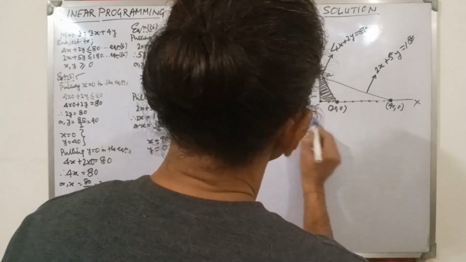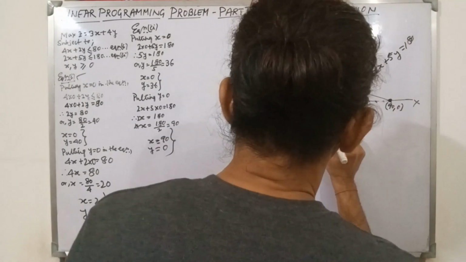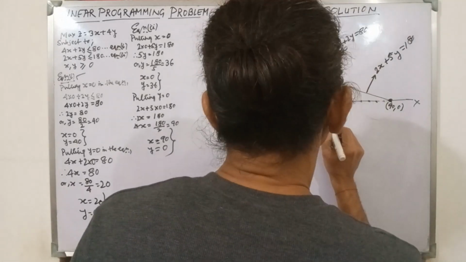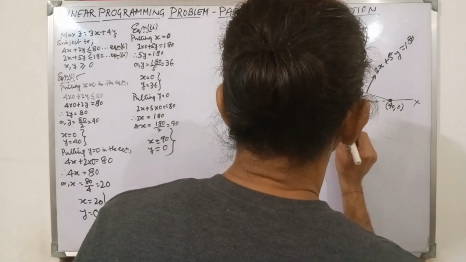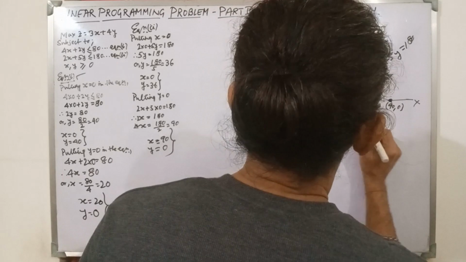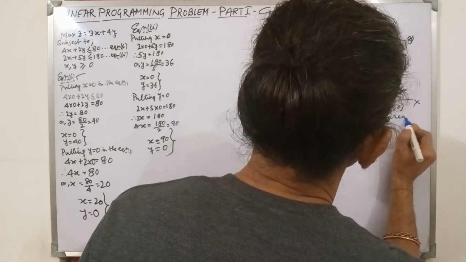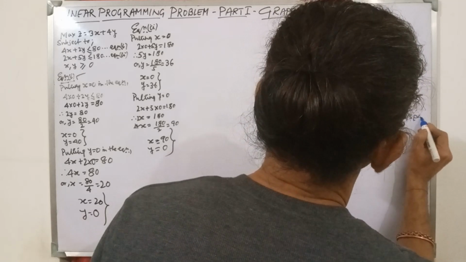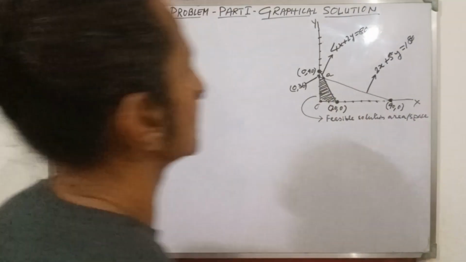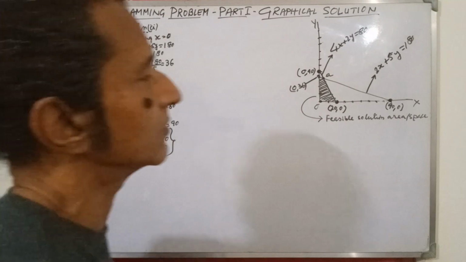This shaded area is called visible solution area or space.